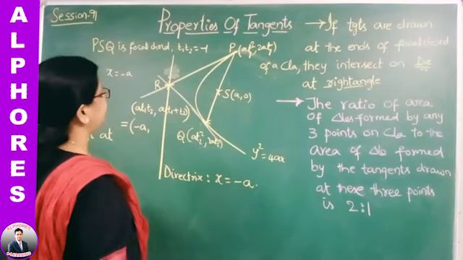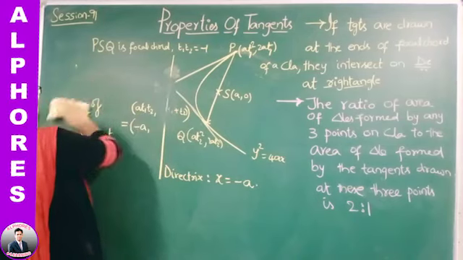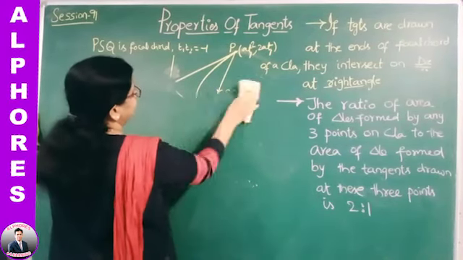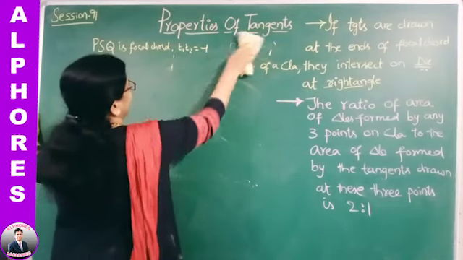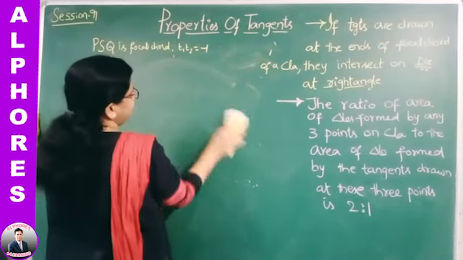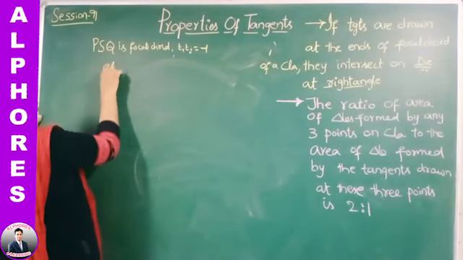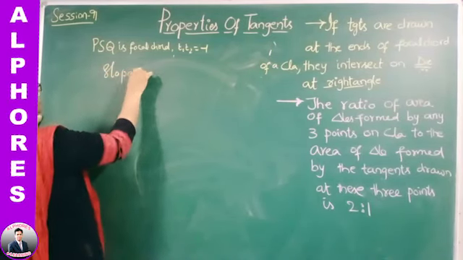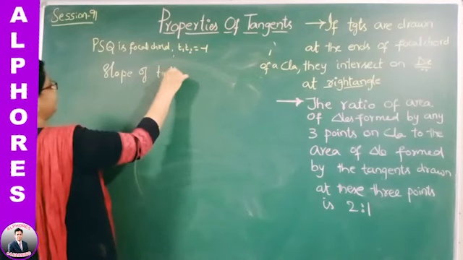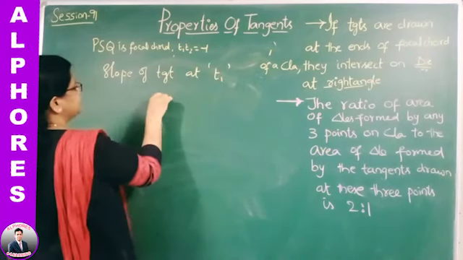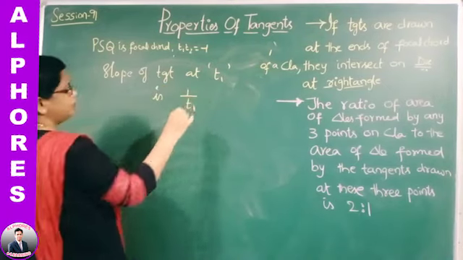Therefore here you can make use of that concept. Let us write the equation of the tangent yt is x plus at square, then the slope of the tangent is nothing but 1 by t. So the slope of the tangent drawn at t1 is 1 by t1.